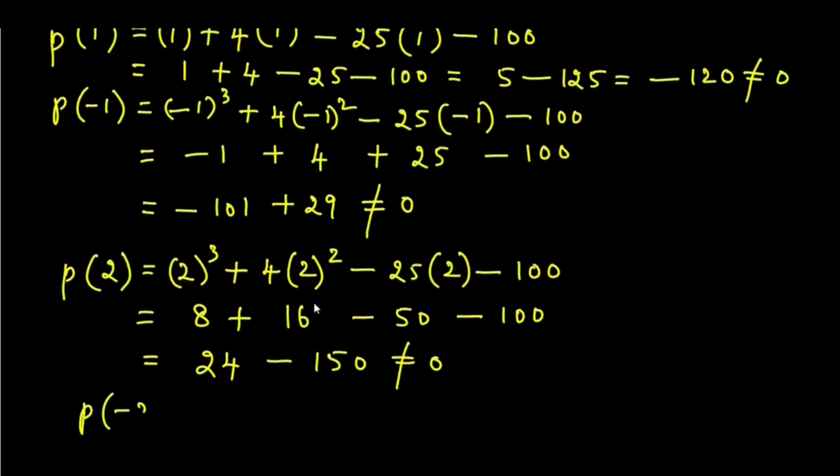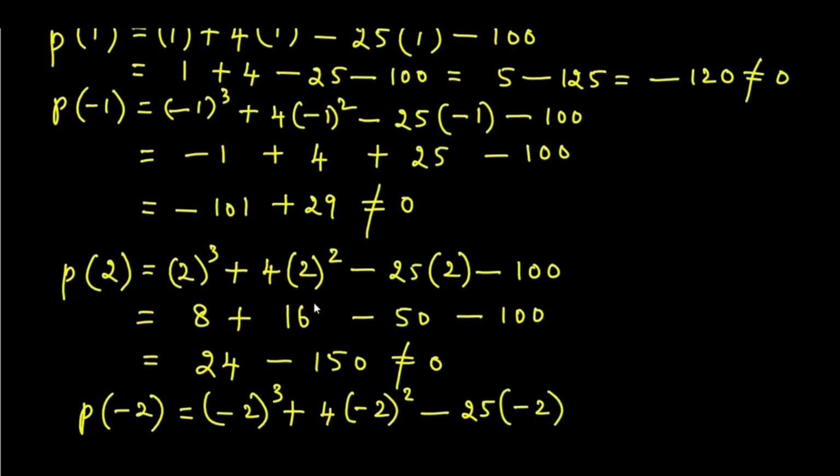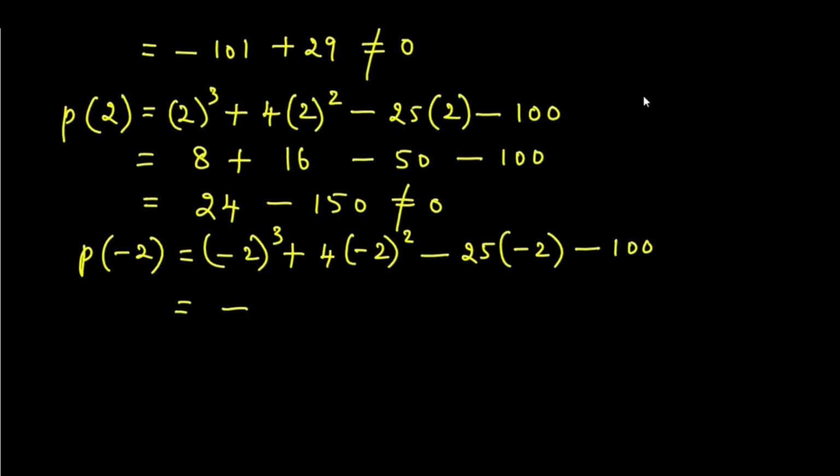P of minus 2. This is minus 2 whole cubed plus 4 into minus 2 whole square minus 25 into minus 2 minus 100. This is minus 8 plus 16 plus 50 minus 100.